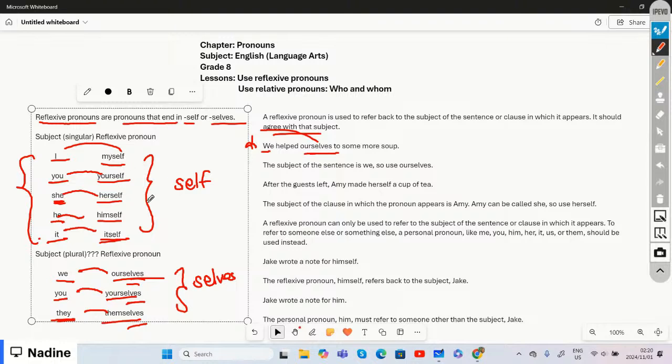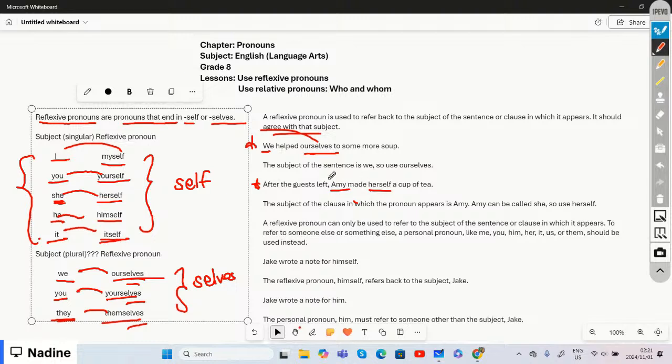After the guests left, Amy made herself a cup of tea. So after the guests left, Amy made herself a cup of tea. And if you look over here, right? Amy, they're giving us the noun, and they are telling us the reflexive pronoun herself.